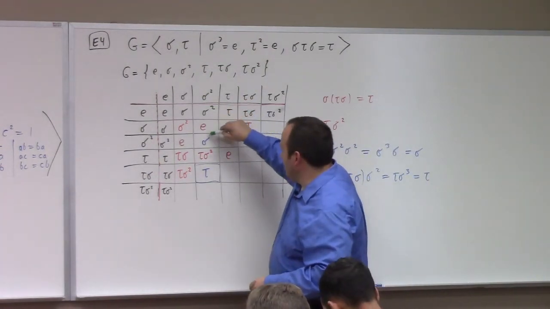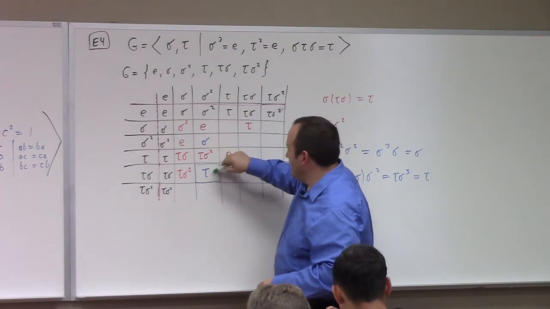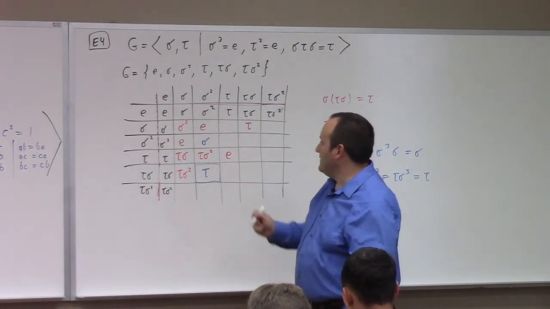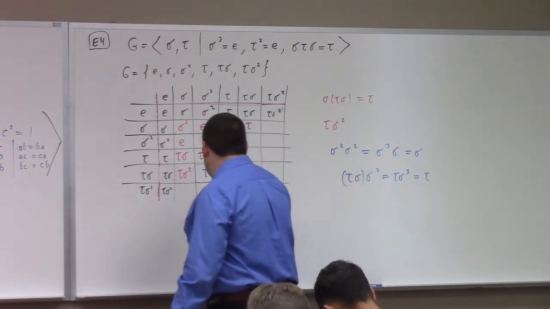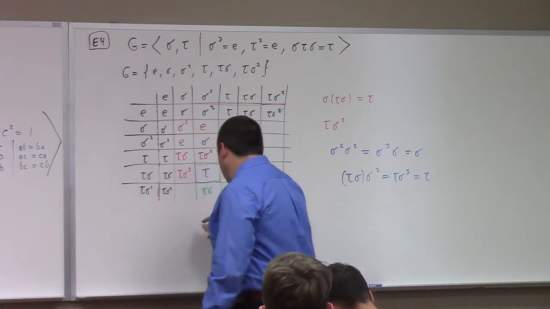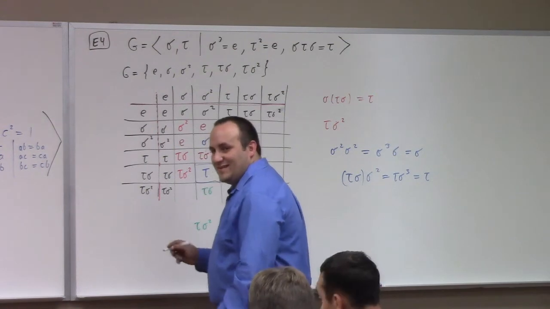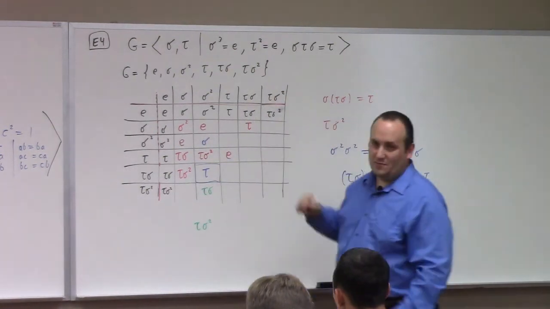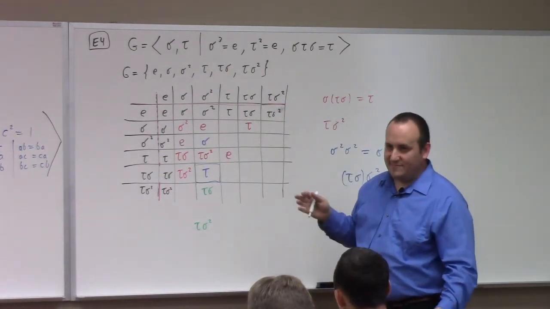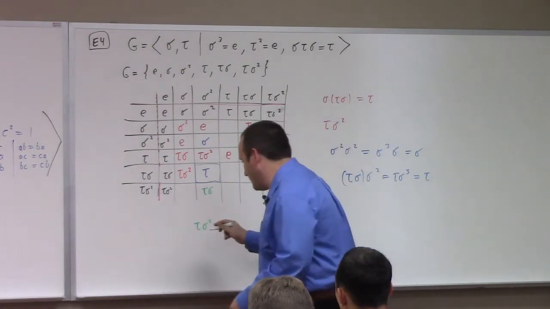Sigma squared e sigma tau sigma. What's this got to be? It's got to be tau sigma. That's assuming things, I suppose. In principle you could have generators and relations that don't form a group, but my point is you could also derive this from the relations.